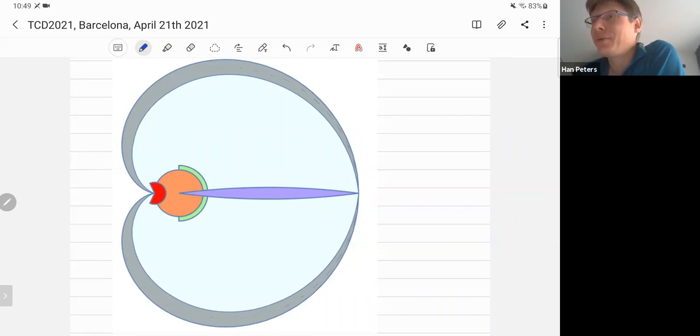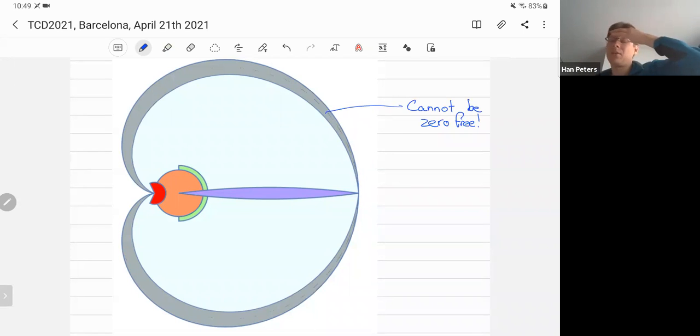These are 4 different papers where zero-free sets are proved. A new result here is that this region cannot be zero-free. It's a whole neighborhood of the boundary of the main cardioid, except for the 2 real boundary points. It was already known that those lie on the boundary of your zero-free region.